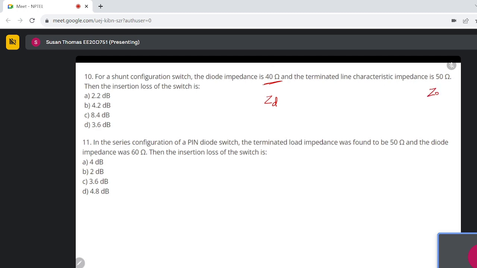What is the insertion loss of the switch? Remember, it's a shunt configuration switch. First you should know how to take the equivalent, and then from that you find out the insertion loss, or you can directly write the expression for the insertion loss: 20 log of 2ZD divided by Z naught plus 2ZD.